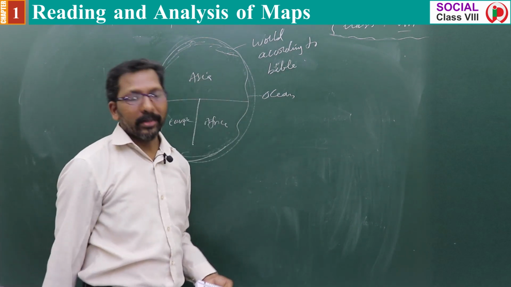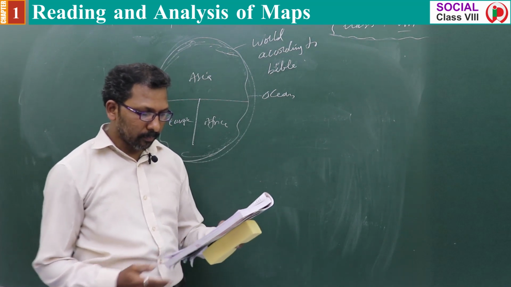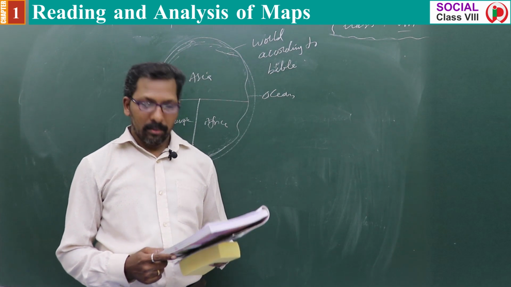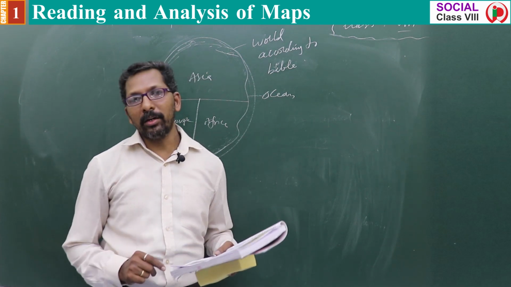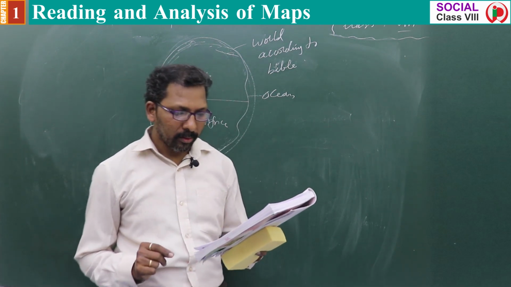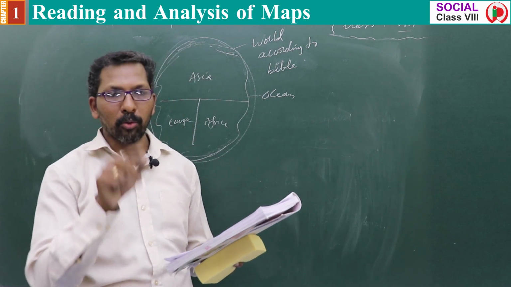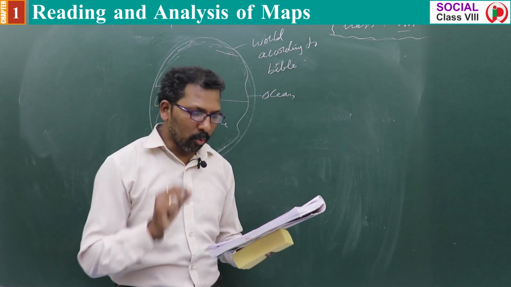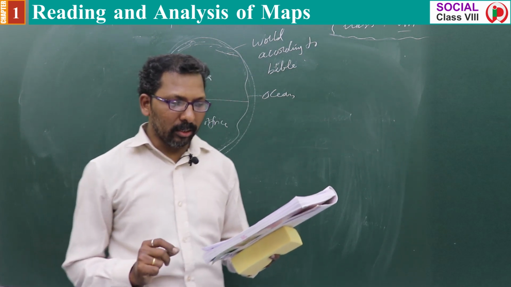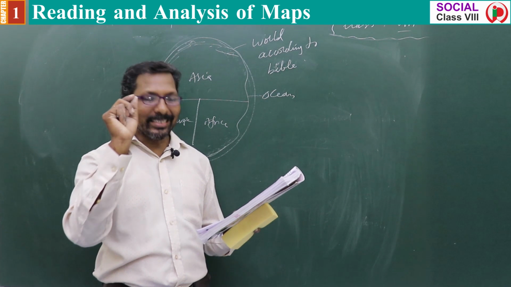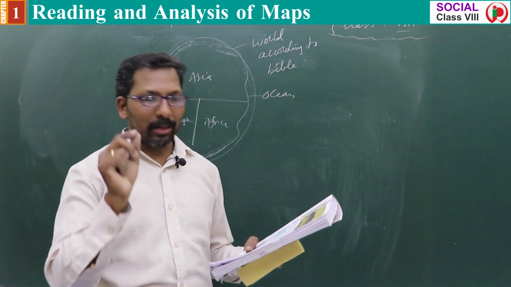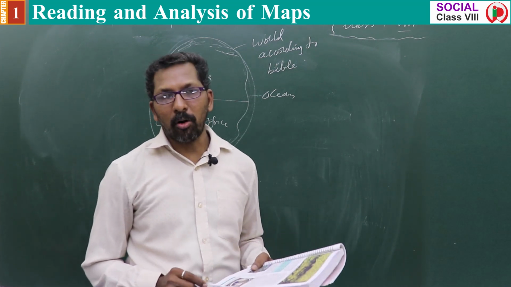Around 480 Common Era, Europeans discovered Ptolemy's books but not the maps. As I already told you, Ptolemy's maps were lost, but they got the books and were stunned to learn about his accurate description of the location of places. They prepared some new maps based on them.